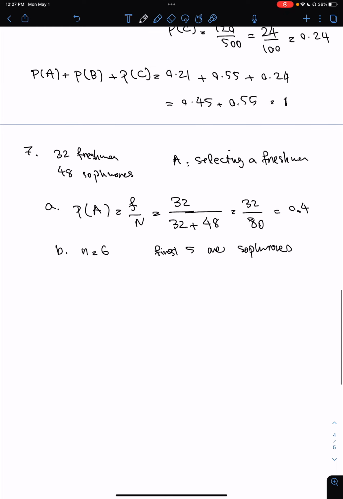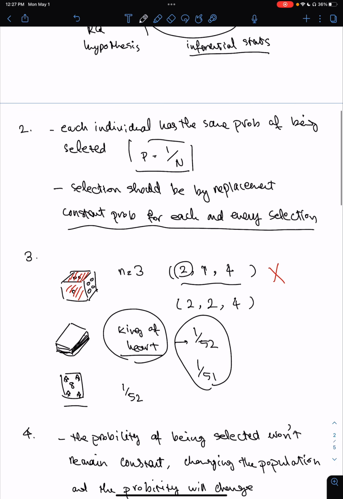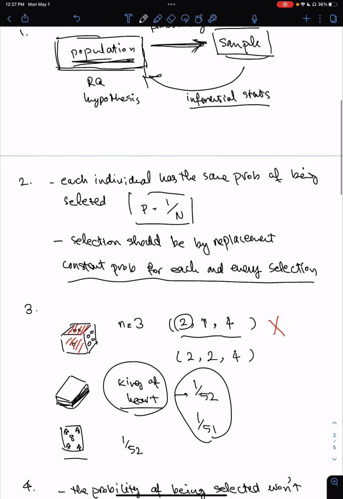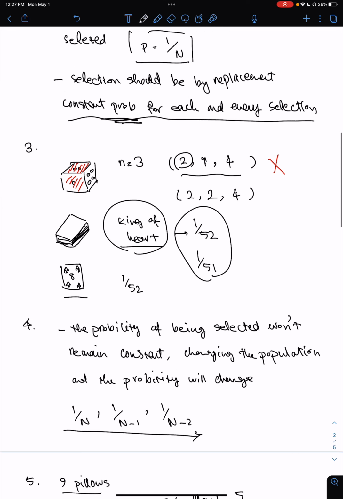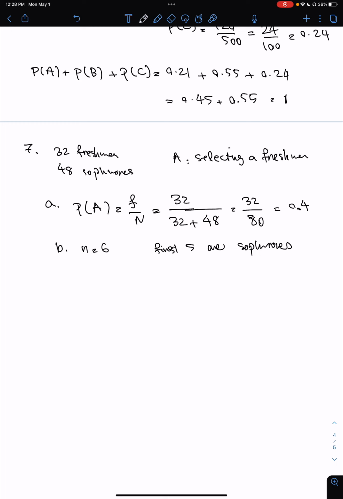Since we know that, basically going back to question 2, the selection should be with replacement, and then the probability for each and every selection should be constant, and the selections are independent from each other.